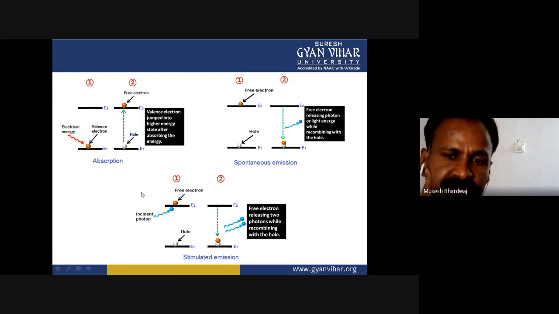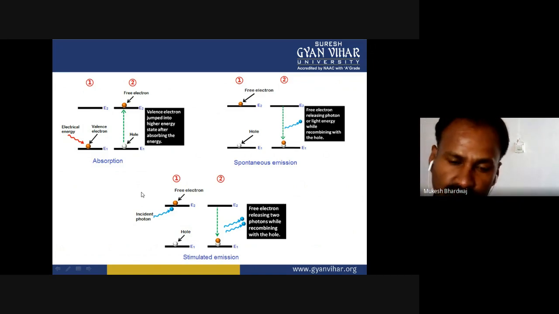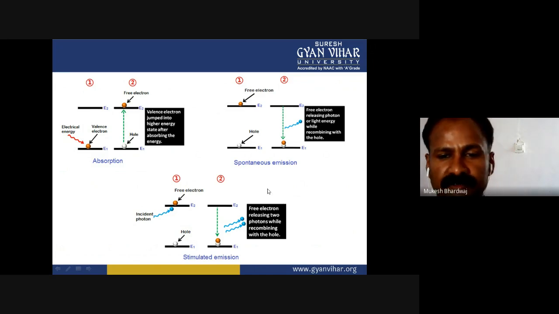So this is for a single electron-hole pair. Now, stimulated emission means that a larger number of electrons get recombined and a coherent beam of light is produced. That coherent beam of light is more intense and unidirectional, and this is the phenomenon behind the working principle of a laser.